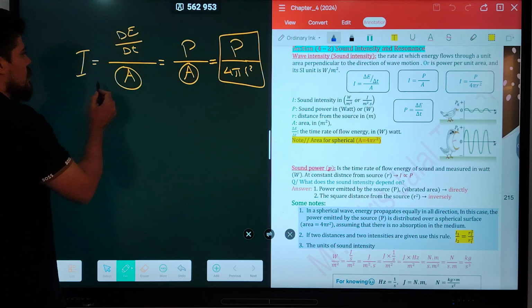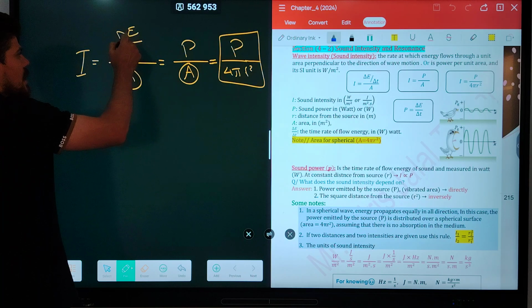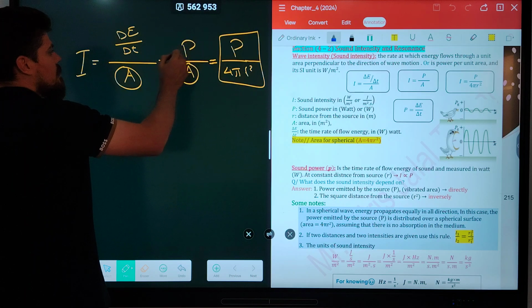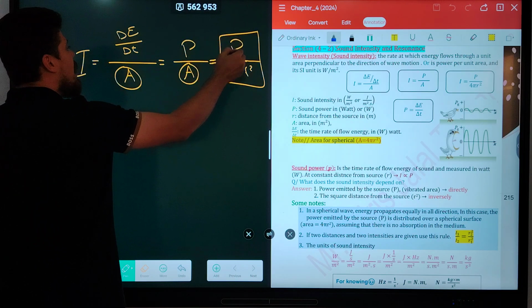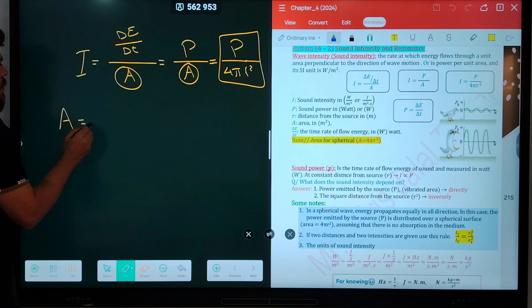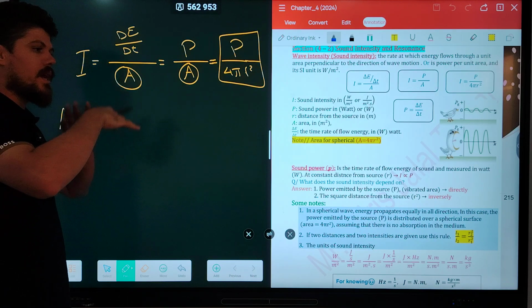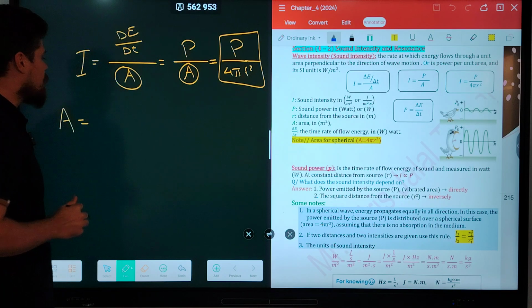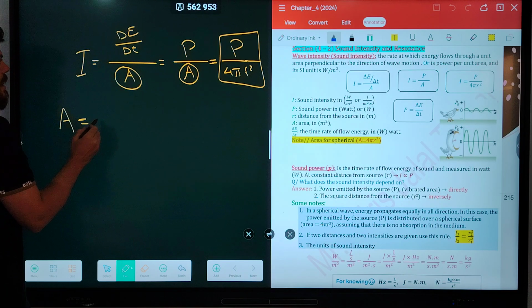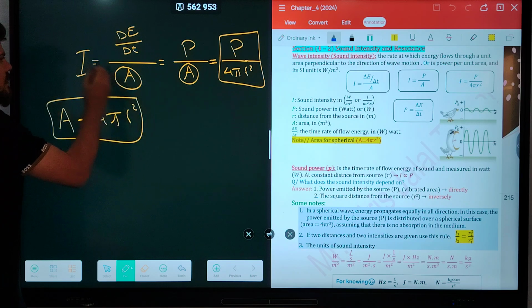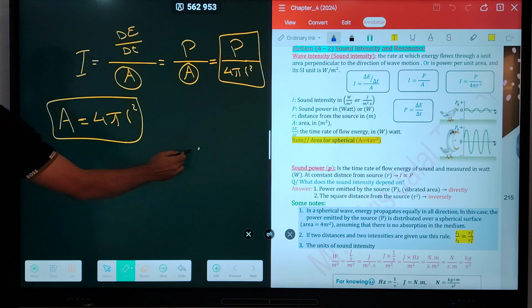We can express sound intensity as the time rate of energy per unit of area, or power per unit of area, or power over 4 pi r squared, the area of a sphere, because sound propagates in all three dimensions like a sphere. Right?